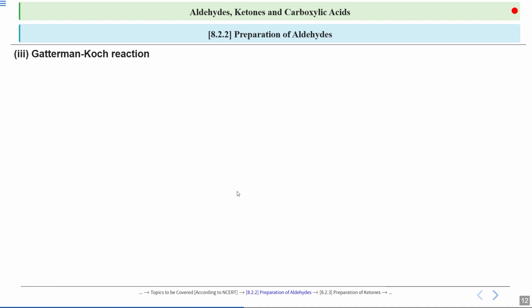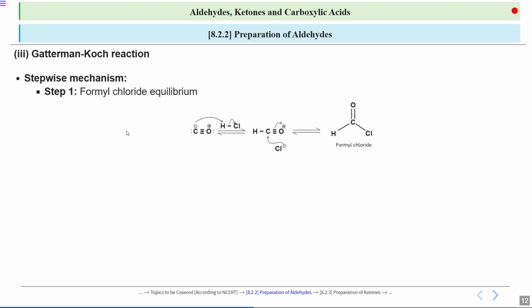Now we will see the mechanism of this Gattermann-Koch reaction, stepwise. The first step is the formyl chloride equilibrium. This means the compound is in equilibrium, so it can easily switch between different forms. If you see over here, you have carbon monoxide.